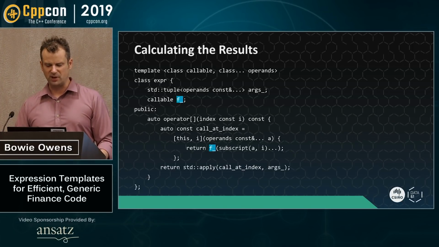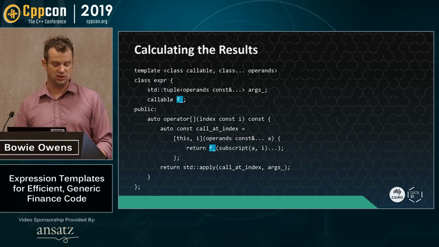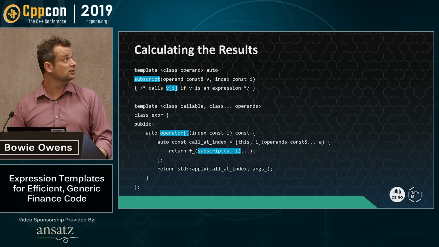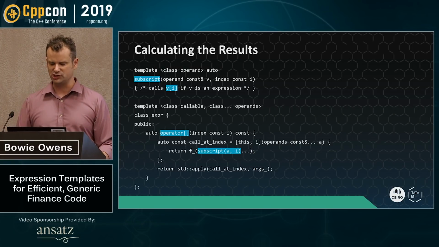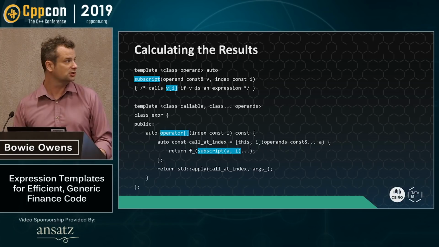Then we pass the results of subscript to our function f_, which will finally do the calculation. Since the arguments are already broken down, we can call the function directly. Combining the last couple of slides together, since operator square brackets calls subscript, and then subscript potentially calls operator square brackets, this gives us recursive traversal into our sub-expressions.